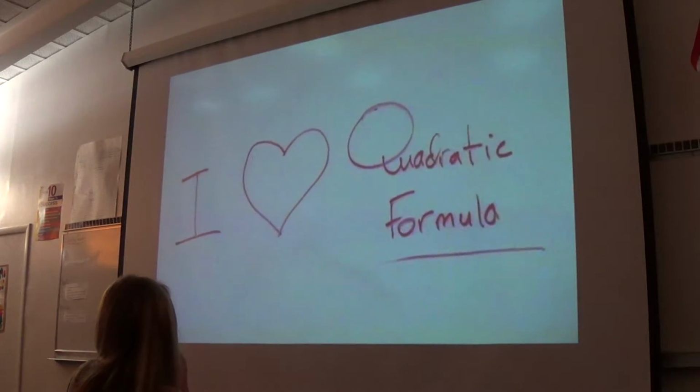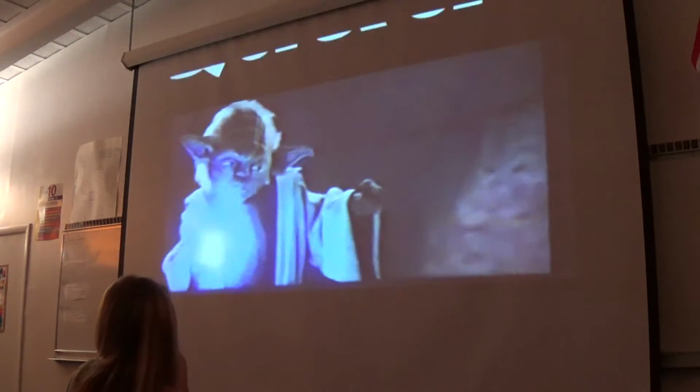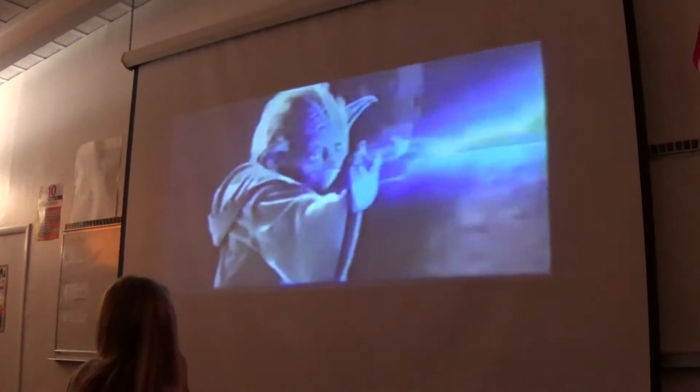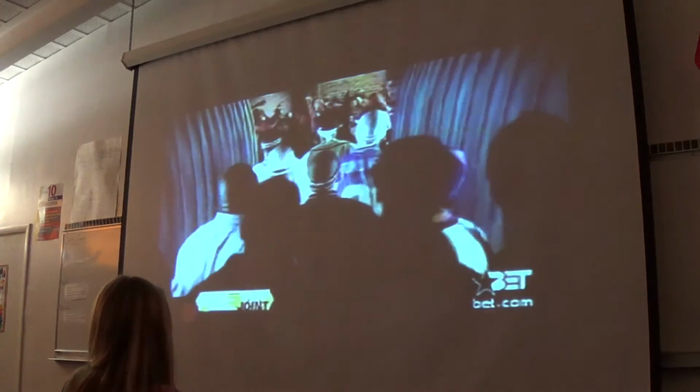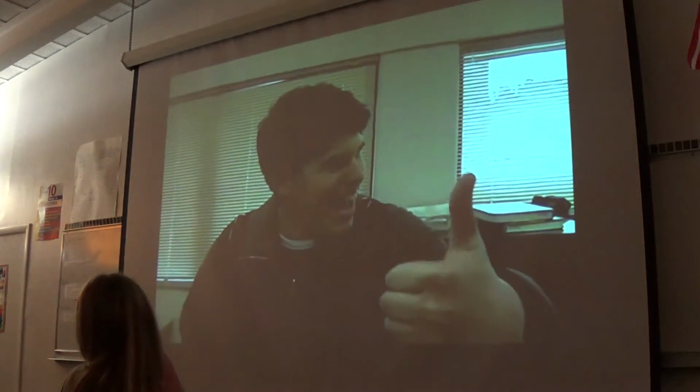Maybe we can sing it a little bit faster. X equals negative b plus or minus square root b squared minus 4ac divided by 2a. That was fun!